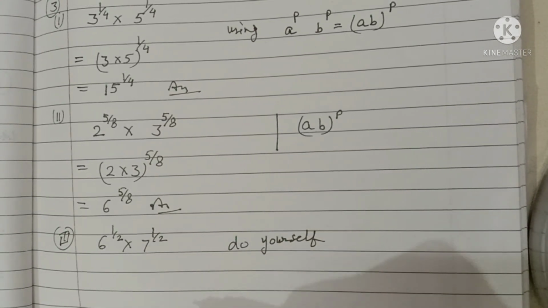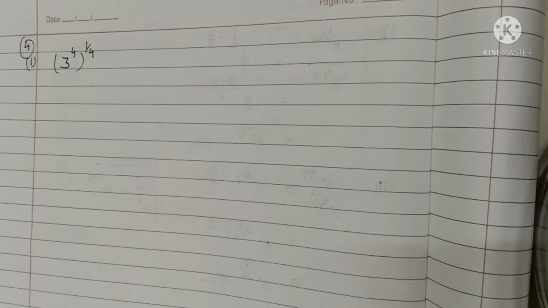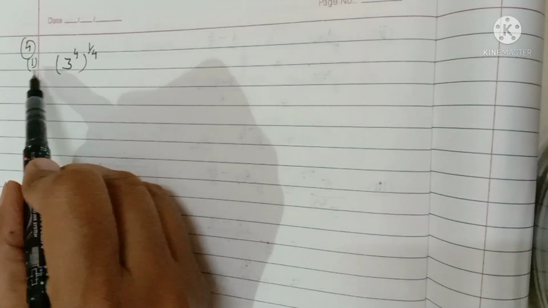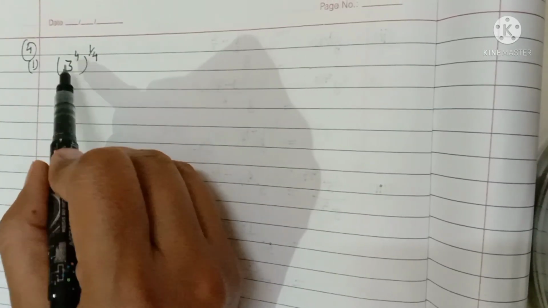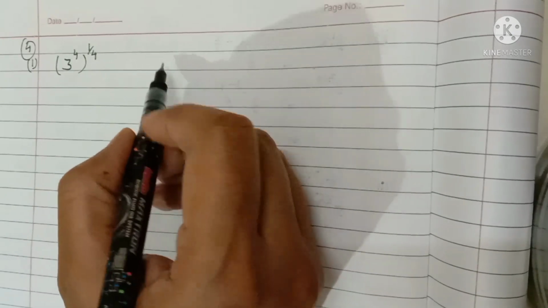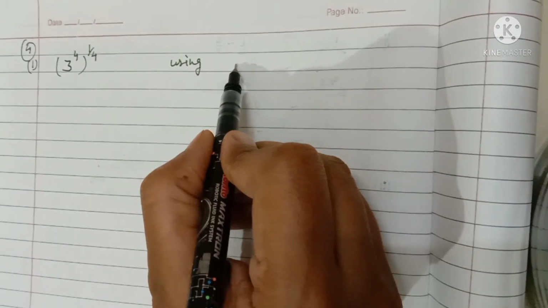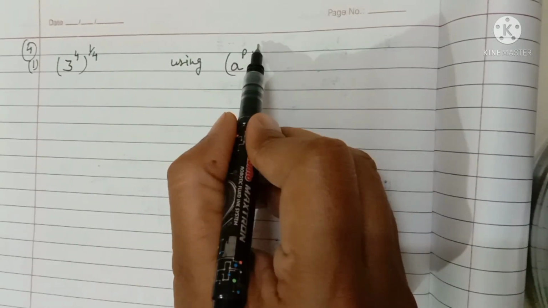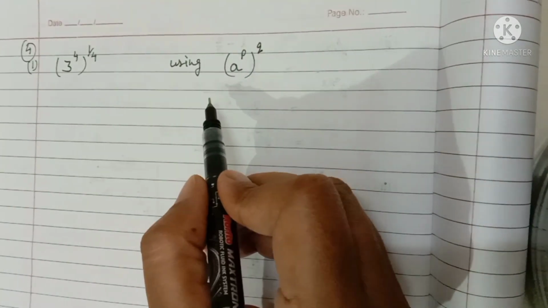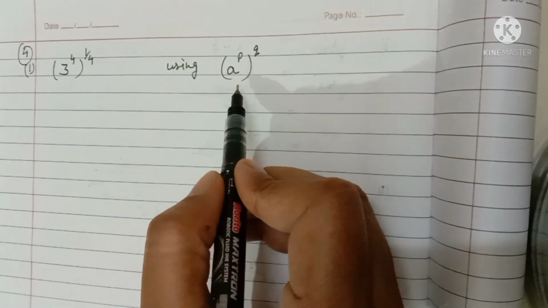Okay, now come to the question number 4. Part 1, question number 4. 3 to the power of 4 whole to the power of 1 upon 4. Using law a to the power of p whole to the power of q, we will multiply both these powers.